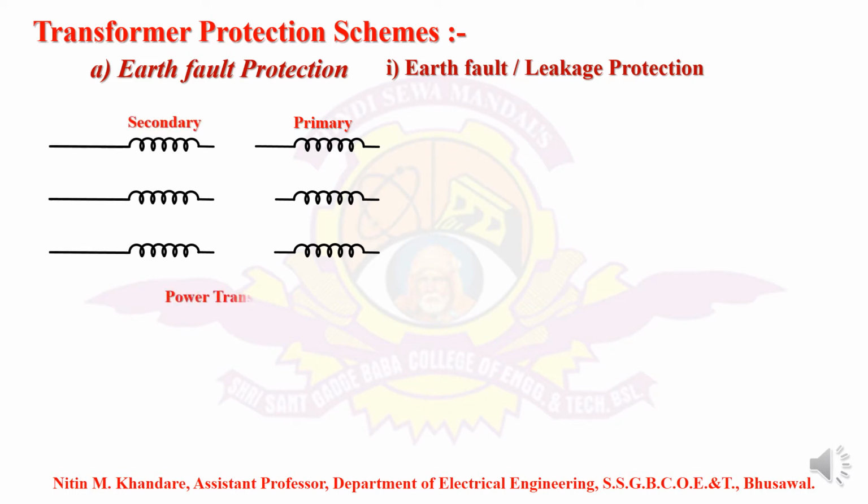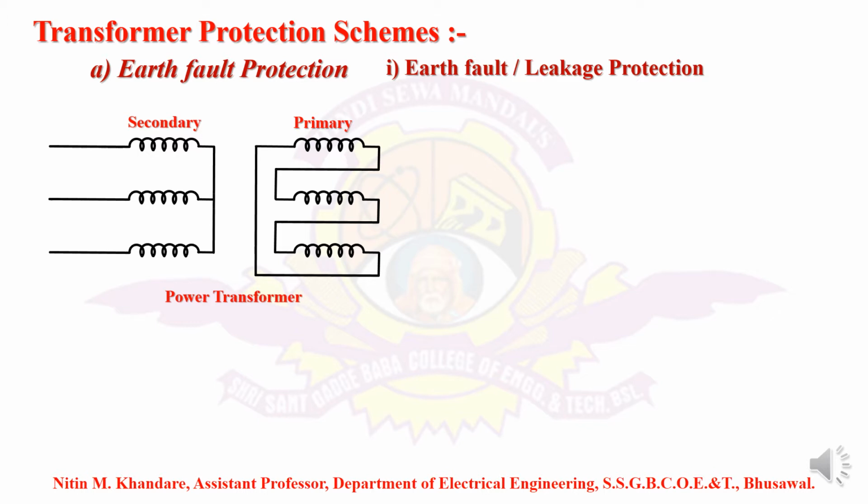We will consider that the primary of this power transformer is connected in delta fashion like this, as well as the secondary is connected in star, along with the supply terminals here, the terminals of the secondary, as well as on the right hand side the terminals of the primary.